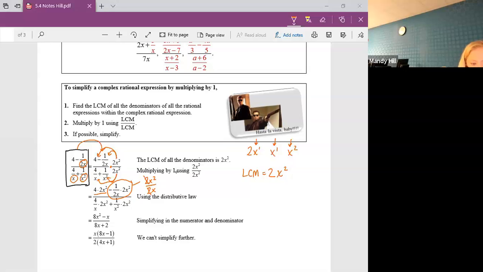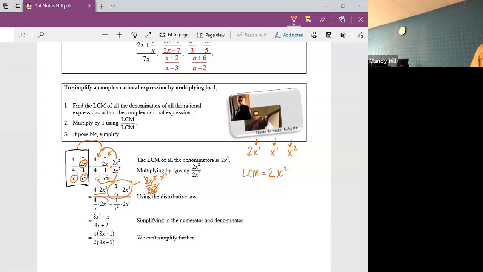I've got x squared over x, which means that this x is going to take away one of these x's, and that's going to leave me with just x to the first power, which is why they have their answer here, minus x, because all of that stuff canceled out and they were just left with minus x to the first power.